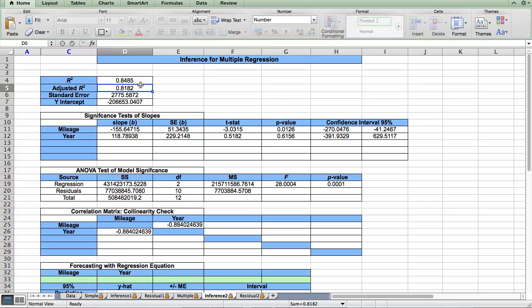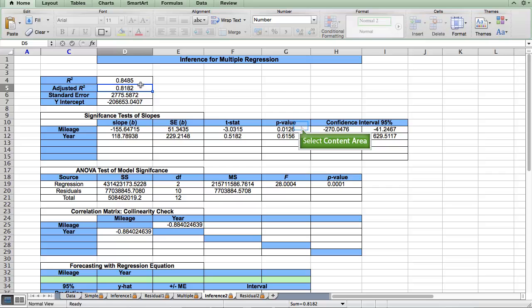And the reason for this is adding more independent variables tends to increase R-squared. And so the adjusted R-squared corrects for some of that R-squared value that's due only to the number of independent variables. So 82% approximately of the change in price can be explained by mileage and the year.